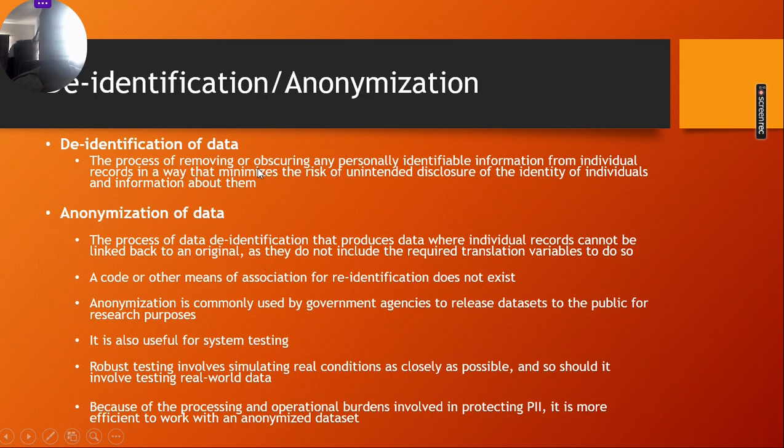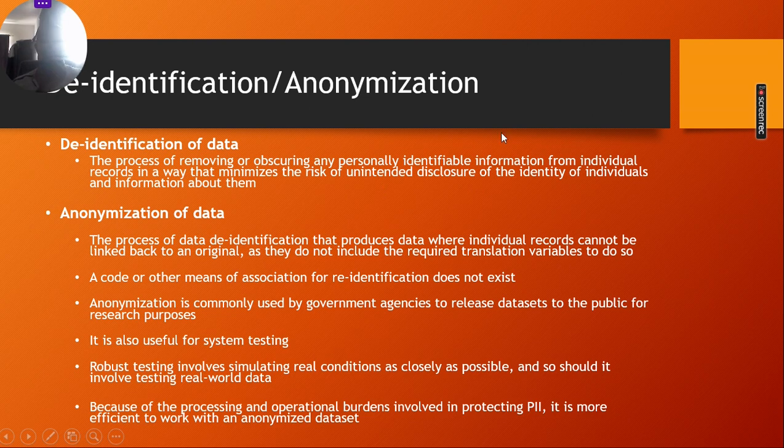Now let's move on to the de-identification or anonymization. First of all, let's look at the de-identification of data. It is the process of removing or obscuring any personally identifiable information from the general information. Something that we can use to trace you has been removed, so what we have left cannot help us to identify you as an individual. This is called the de-identification of data.